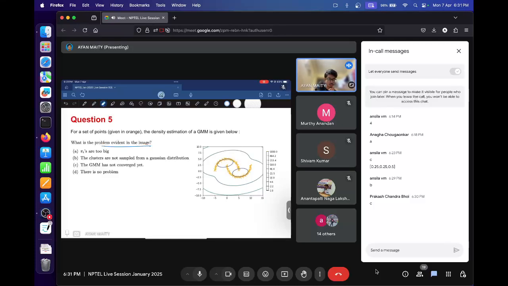Prakash Chandra Boy says option C, which is the GMM has not converged yet. Okay. Sweta Lakshmi says option B, which is the clusters are not sampled from Gaussian distribution.